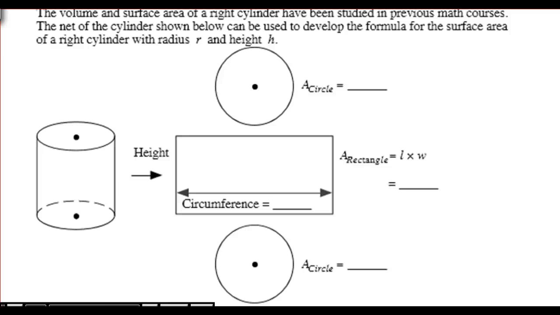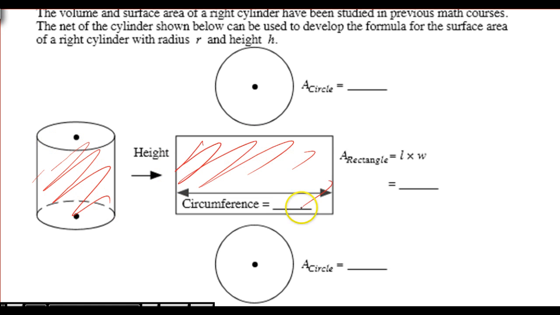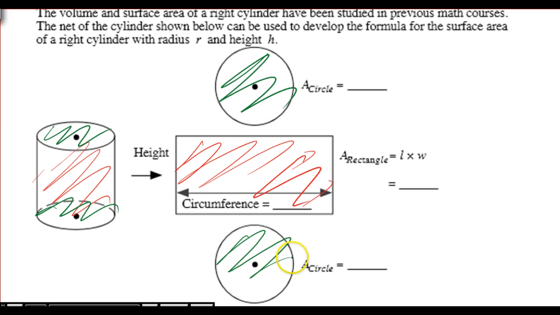Now here's what happens when you cut up the cylinder: you basically get a rectangle, which corresponds to the middle part here in red. And then you have the 2 circles on the outsides, which I'll do in green here. So those are the green. And the area of the circle is pi r squared.